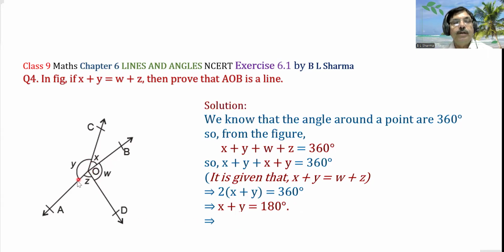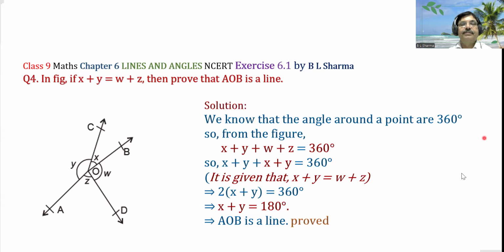Therefore, their non-common arms OA and OB will form two opposite rays because x plus y is equal to 180 degree, and opposite rays means a straight line. So that is why AOB is a line, and this is proved. When the sum of two adjacent angles is 180 degree, then their non-common arm is a straight line. It is given by linear pair axiom.